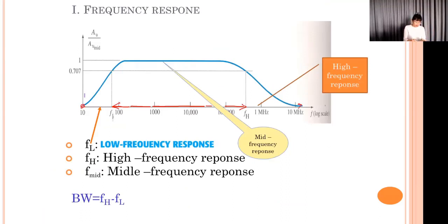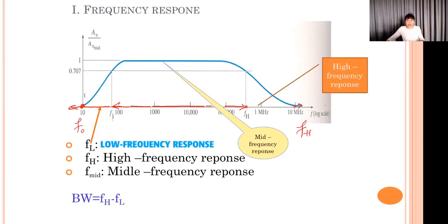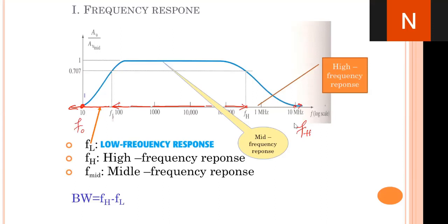This is from F0 to F high. The system works with the low pass filter, the high pass filter and the middle filter, meaning they work over the whole band pass.